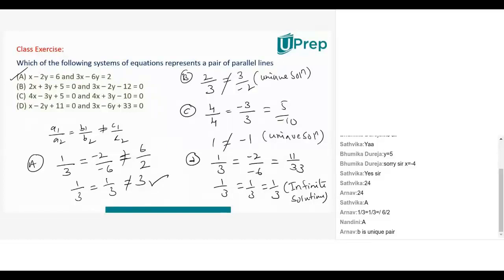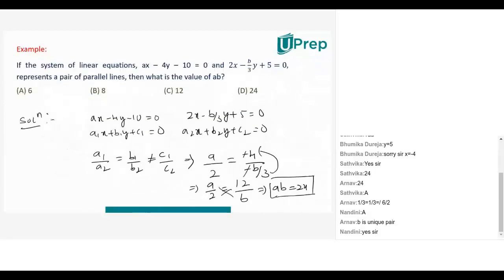Good. Sir, why did you write unique solutions in option B and C? I don't understand. Check this, according to these conditions. What is the condition for unique solution?